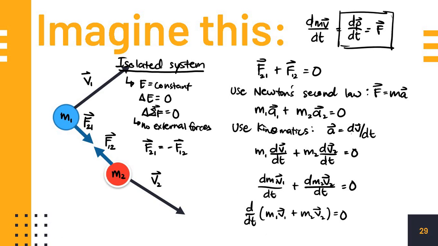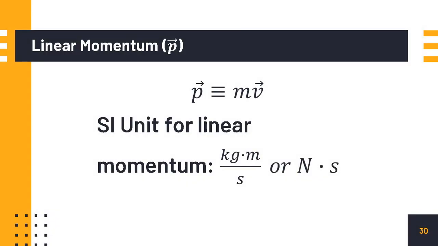So what do we learn from this derivation? We learn that linear momentum is defined as the product of mass and velocity, and we proved that using the derivation earlier. The SI unit for linear momentum is kilogram meter per second. Kilogram is the unit of mass, and meter per second is the unit of velocity.